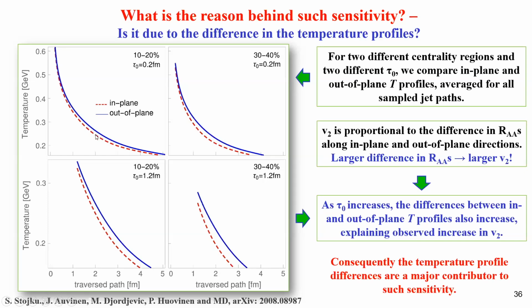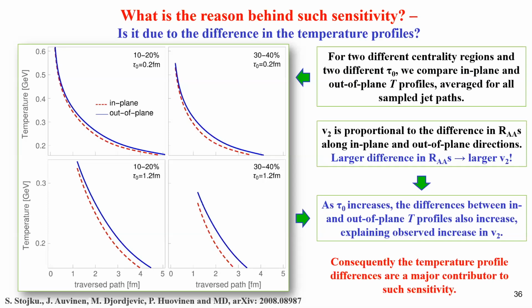And this is, I think, the primary reason why there is the so-called v2 puzzle, because many models incorporate hydro like Vishnu or MUSIC, and all of these models have very early thermalization incorporated, and due to that you can never get high pT v2 with such a model.